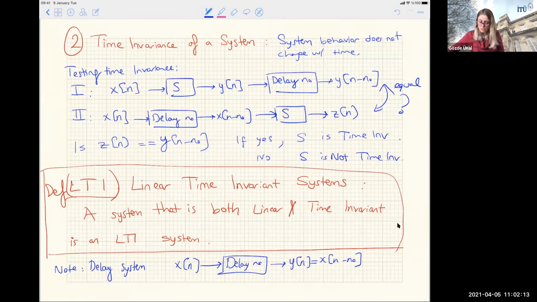That's the definition of a delay system. My question to you is, is the delay system causal? We will look at whether it's LTI or not also. Here I wanted to just introduce it and ask whether it's causal or not.